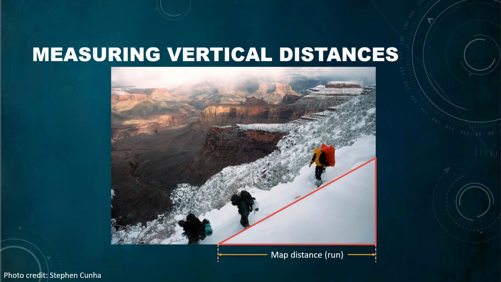Well, we need the map distance, that straight line distance that we're measuring on the flat map, but then we also need to know the elevation change. So the map distance we often refer to as the run, the elevation change we refer to as the rise, and you may already be referencing some work that you've done in the past with rise over run in order to figure out slope angle, but what we're concerned with is the distance that we're actually hiking, right?